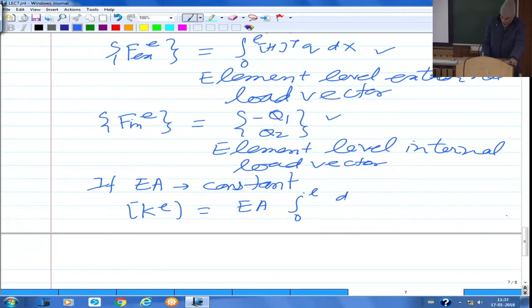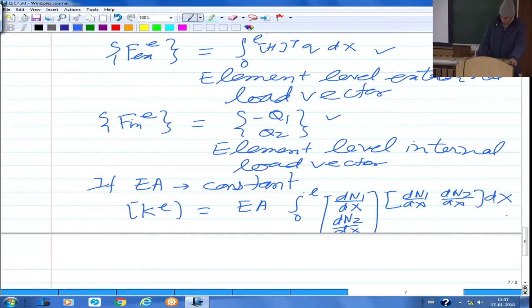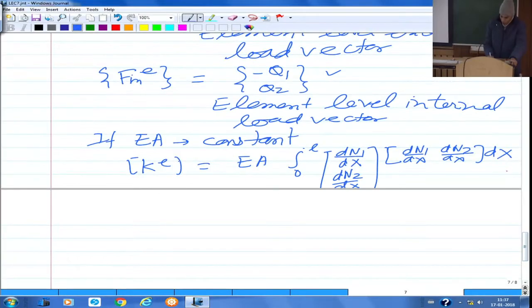B transpose is going to be dn1 by dx, dn2 by dx, and this is B, which is dn1 by dx, dn2 by dx. Since EA is constant, I can take it out of the integration.